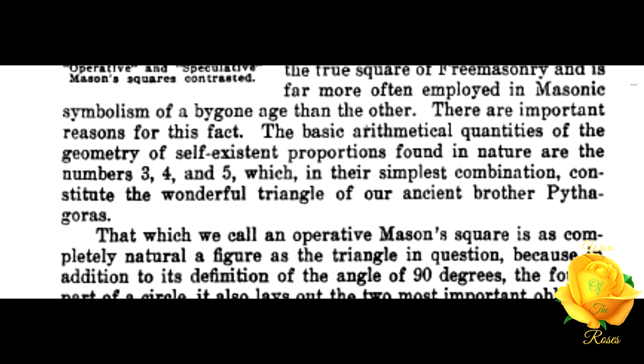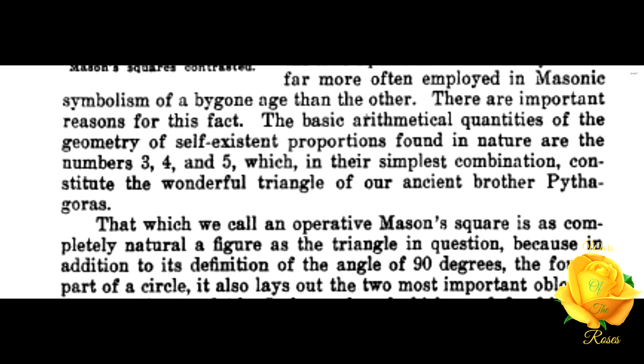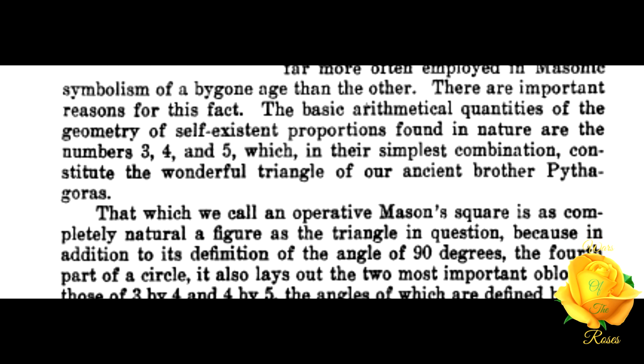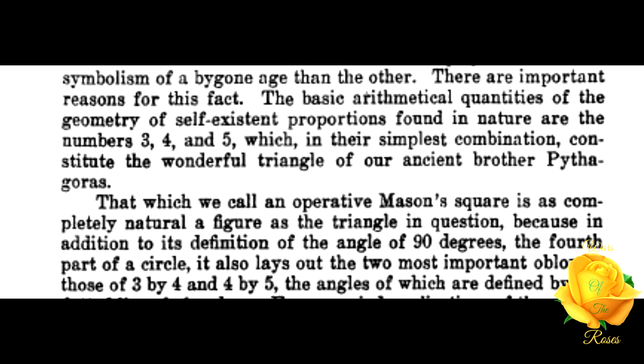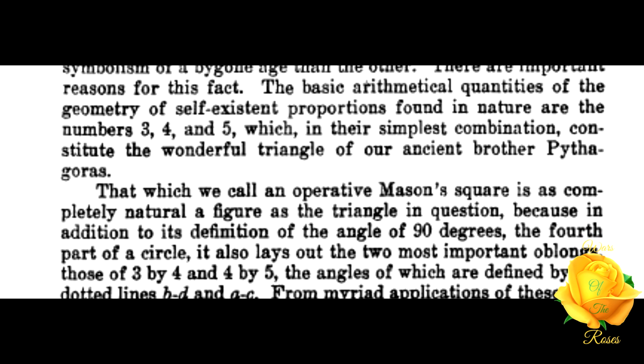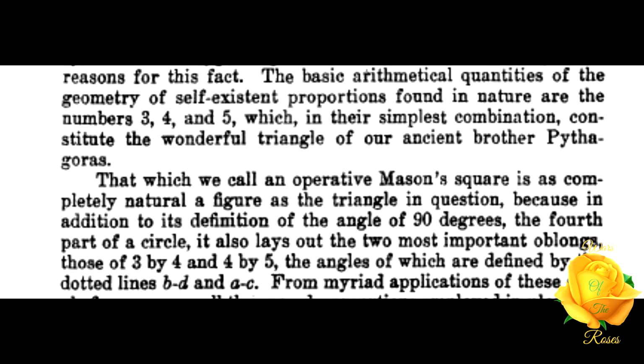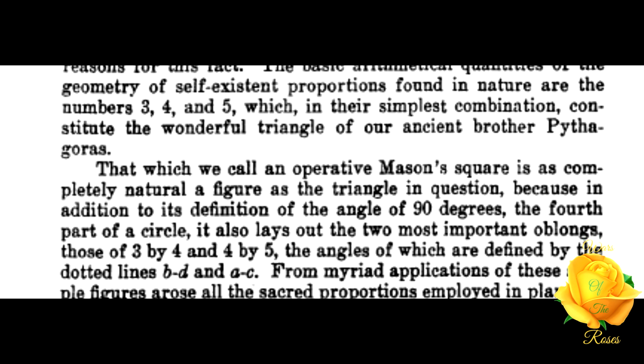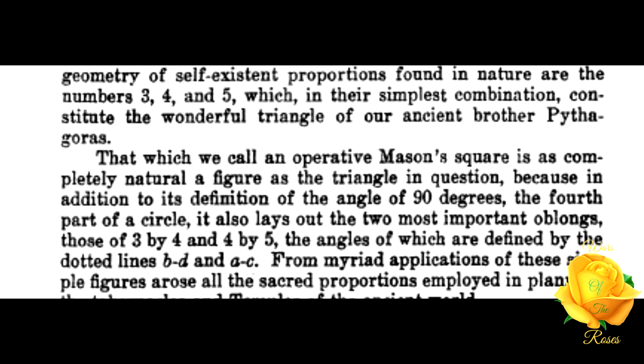The basic arithmetical quantities of the geometry of self-existent proportions found in nature are the numbers 3, 4, and 5, which, in their simplest combination, constitute the wonderful triangle of our ancient brother Pythagoras.